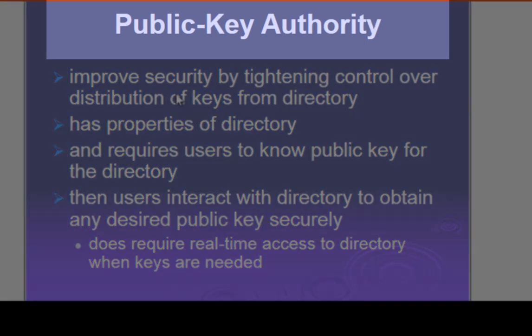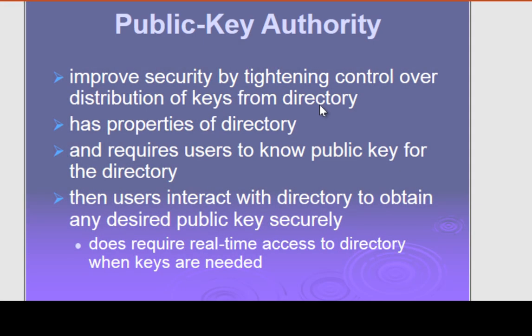It is the same as the previous one. It maintains the directory, but there is one person in the public key directory, that is the authority, the public key authority. So anyone who wants others' public keys has to consult the authority first. It is just like library maintenance.